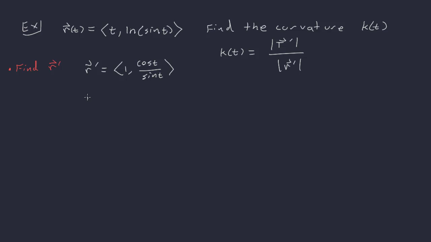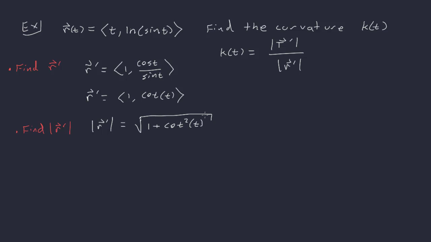Instead of cosine over sine, I'm going to rewrite that as cotangent. Now I need to find the magnitude of r prime, because that's what we need for capital T. So the magnitude is going to be the square root of 1 plus cotangent squared t, because 1 squared plus cotangent squared t.